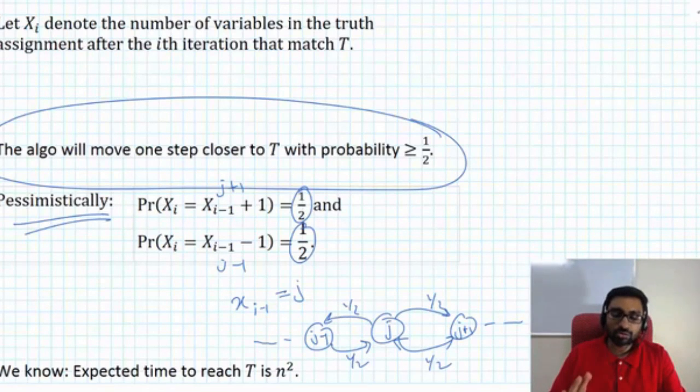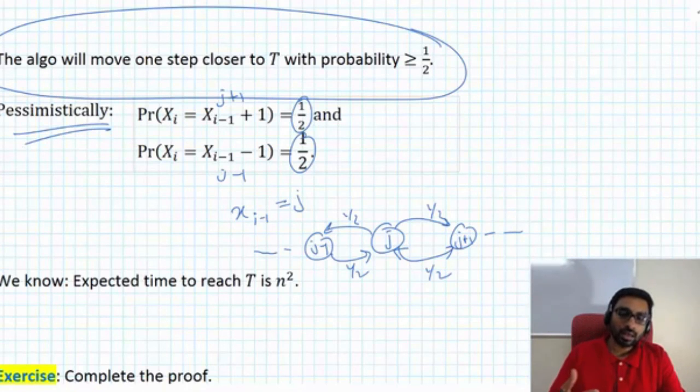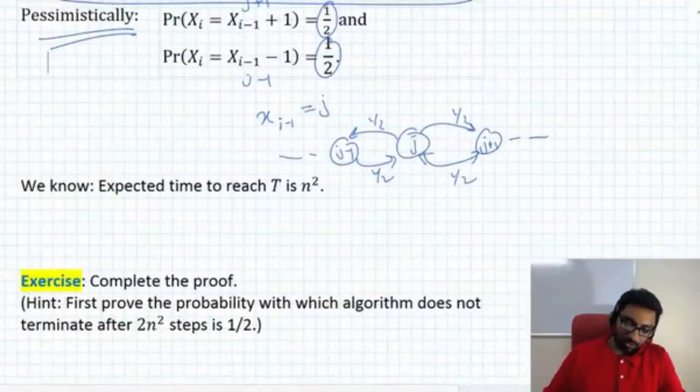So we simply don't have the tools to analyze it as elegantly as we can if we view this process as a Markov chain. So that's the reason why we are being a bit pessimistic, but in return we're getting the argument to a form that we can analyze more elegantly.